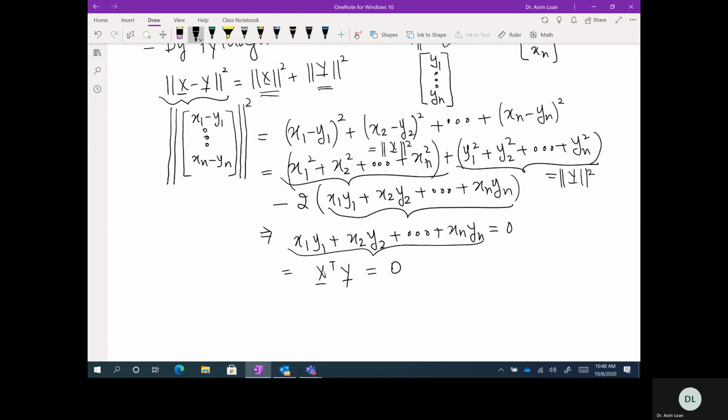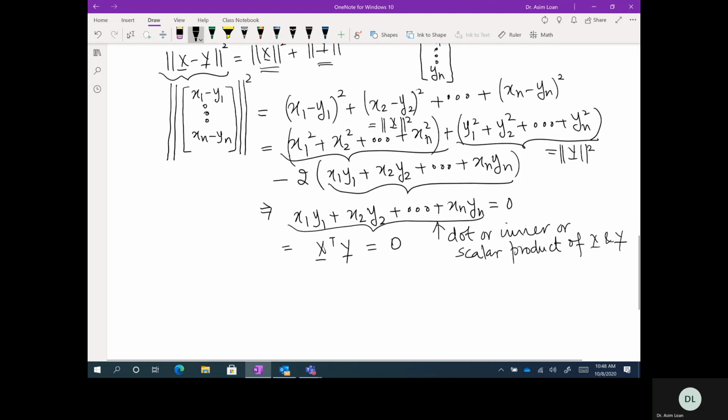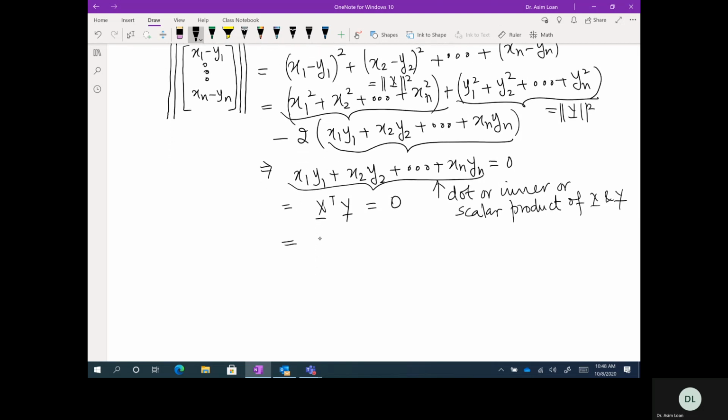This is the dot, or the inner, or the scalar product of x and y. I can also write this as x dot y, or as x comma y. So there are different notations, and I think your book uses all of these from time to time.